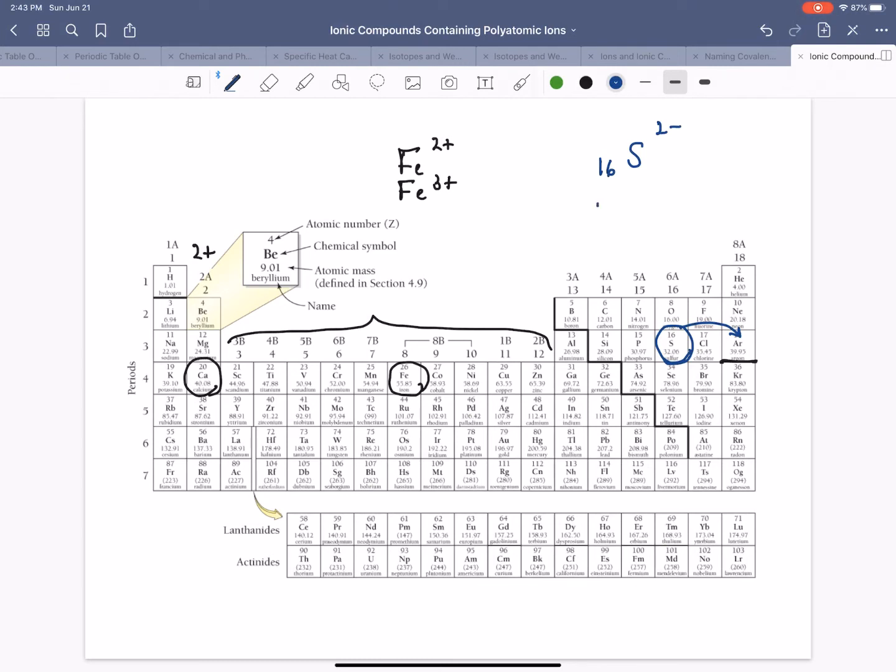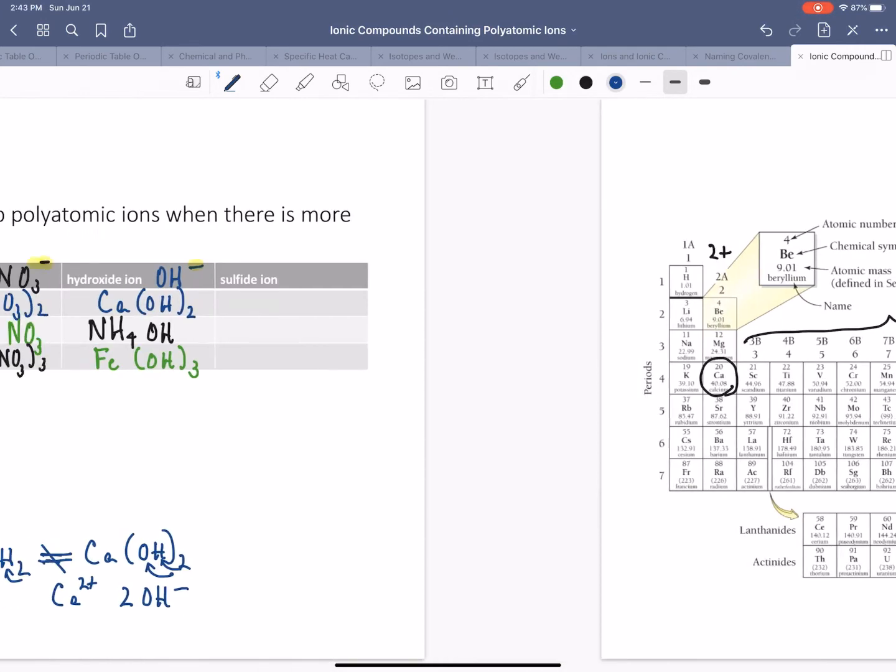So 16 protons, 18 electrons. Like every nonmetal in group 6, it can become stable by having a -2 charge, 2 extra electrons to be isoelectronic with the noble gas.